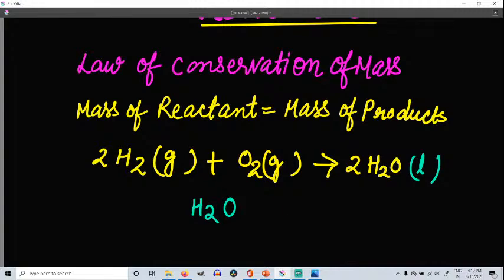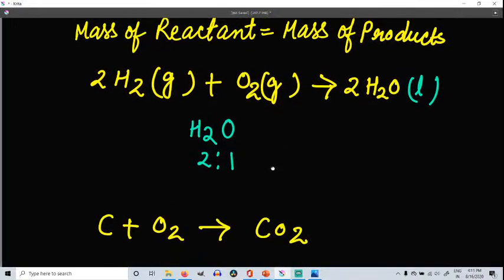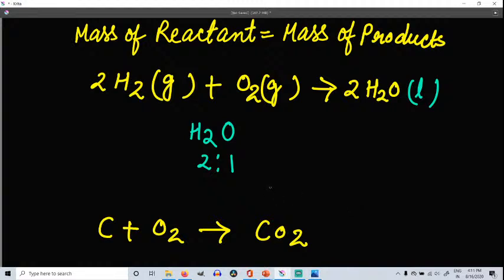Now you can see, in the water formula, they are combining in which ratio? 2 is to 1. It means 2 parts of hydrogen and 1 part of oxygen. Suppose we know the atomic mass of hydrogen is 1 u and the atomic mass of oxygen is 16 u.